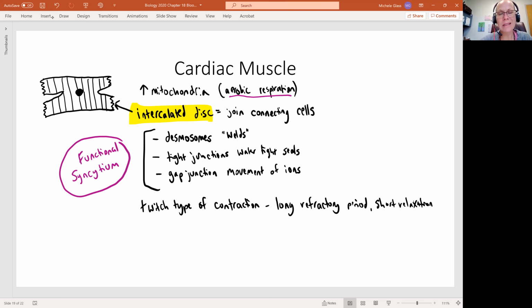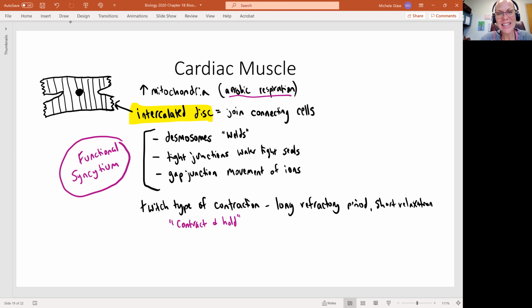And when I talk about this feature of the cardiac muscle tissue, I like to describe it as a contract and hold, or a squeeze and hold. So think of taking a wet sponge and doing one squeeze and holding it for a period of time to really wring out as much water out of that sponge as you can.